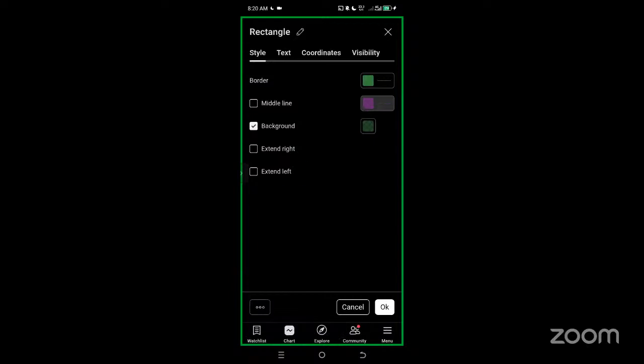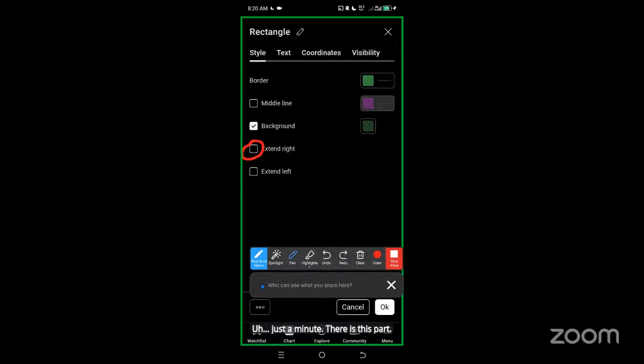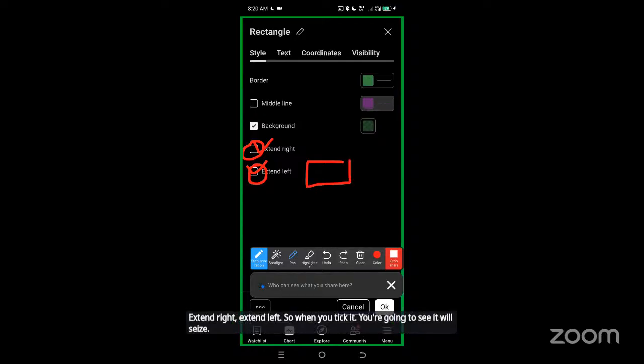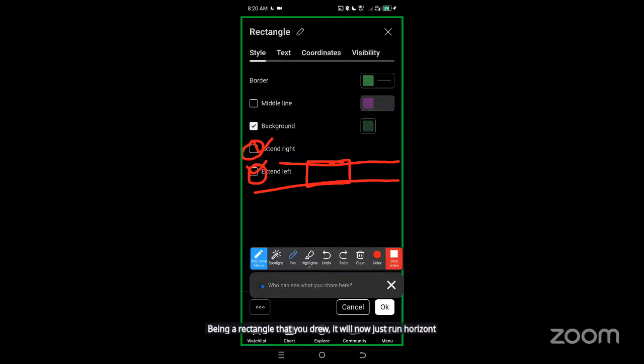Just a minute. There is this part: extend right, extend left. So when you tick it, you're going to see it will cease being a rectangle that you drew. It will now just run horizontally from this side to that side. And then you can reduce the size to suit what you want to use it for.